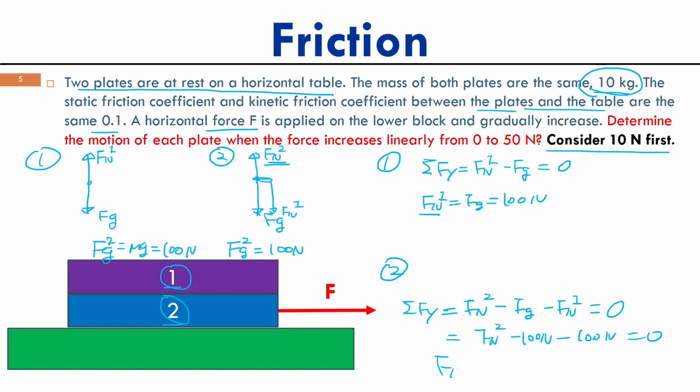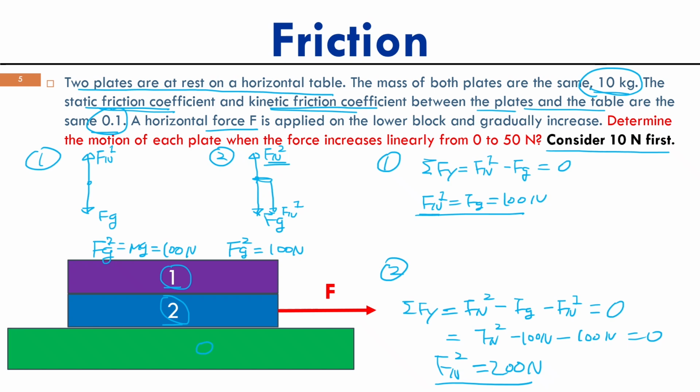So the normal force from the platform to plate 2 equals 200 Newton. Once we know the normal force, we can calculate the potential friction force. How do we calculate that? For this question, the static friction coefficient and the kinetic friction coefficient are the same, 0.1.